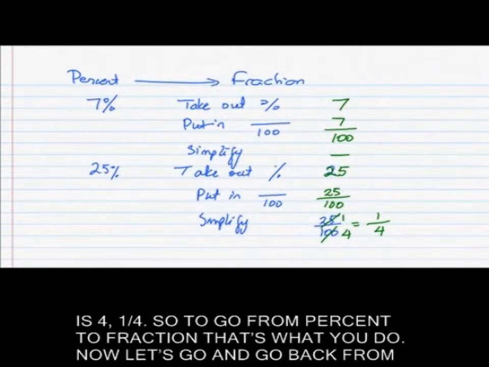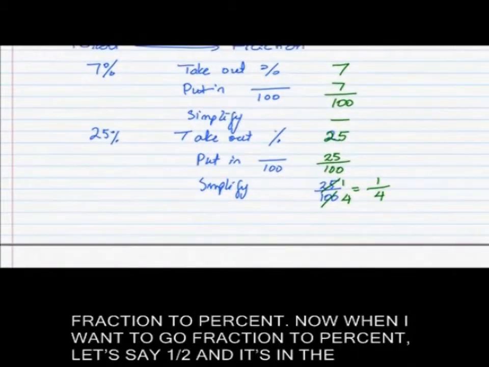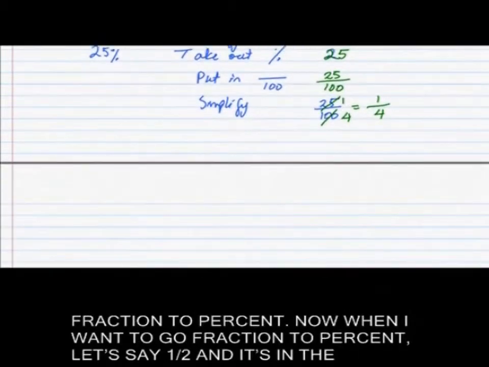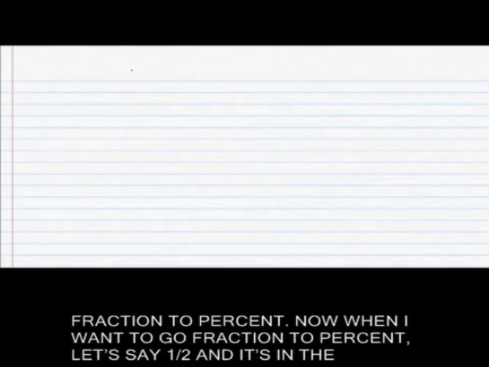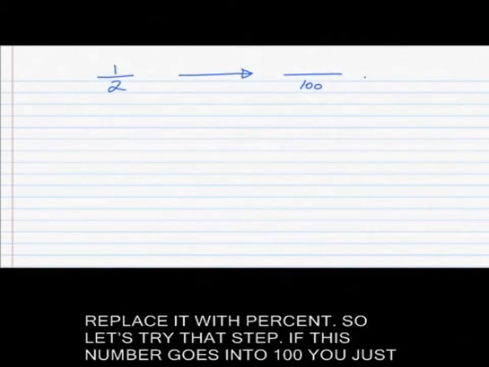Now let's go back from fraction to percent. Now, when I want to go from fraction to percent, let's say 1/2, and it's in simplified form, I know that I need to go to 100 in the denominator so that I can replace it with percent. So let's try that step.